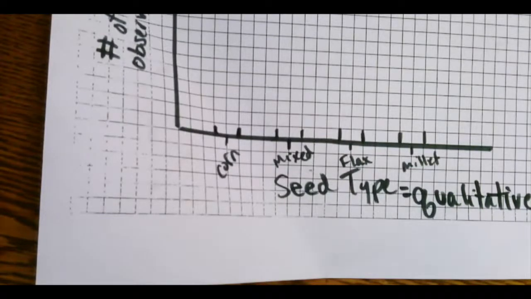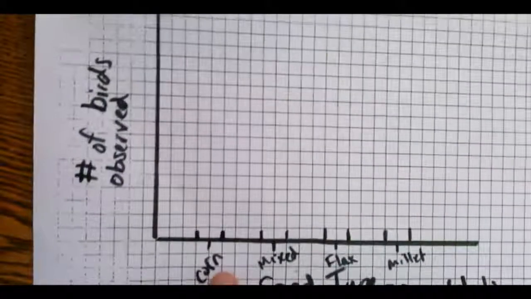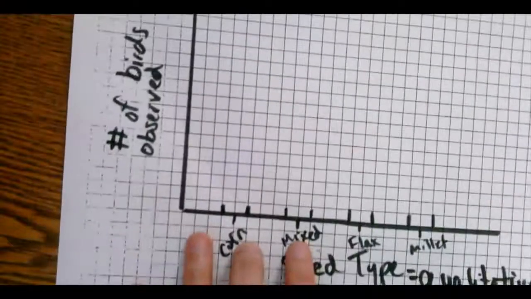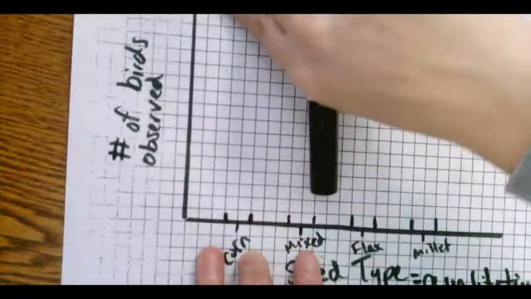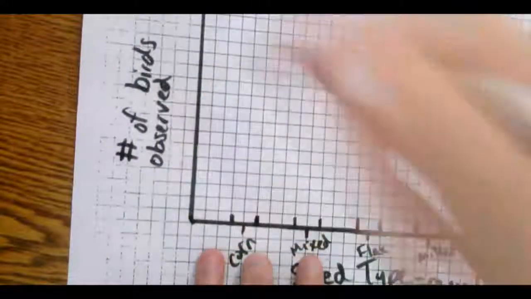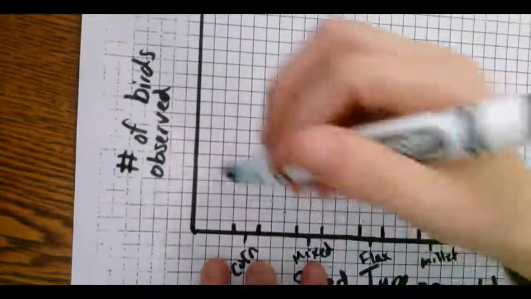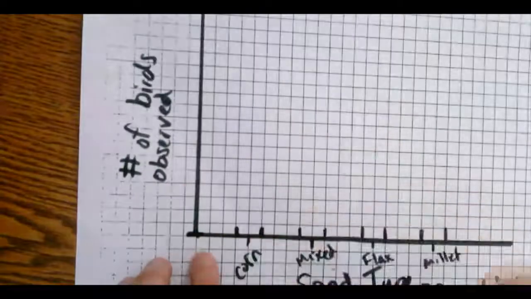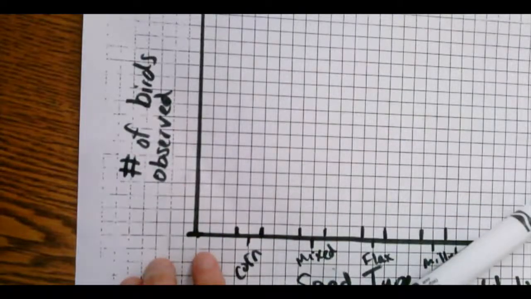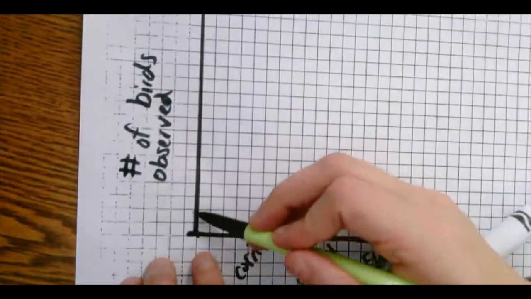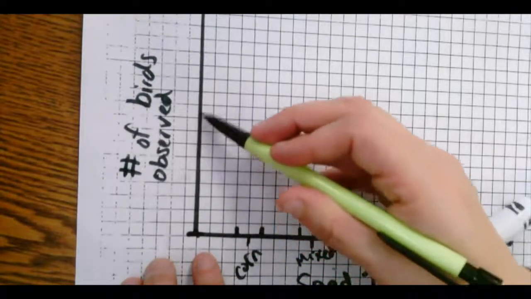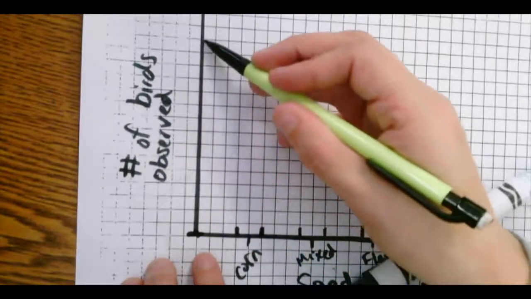Okay. So as far as my numbers go, millet is my smallest value. There were 7 birds there. And it looks like corn was the biggest. There were 23. So what numbers can I put? Obviously, I'm going to skip some spaces. I don't need a ton of numbers, but I want to make sure I use up all the graph. Let's see how many lines we have, because we need to go from 7 to 23. So 0, 1, 2, 3, 4, 5, 6, 7, 8, 9, 10, 11, 12, 13, 14, 15, 16, 17, 18.